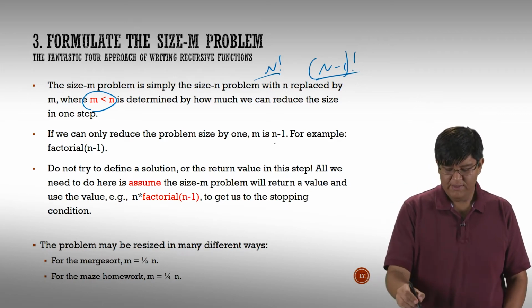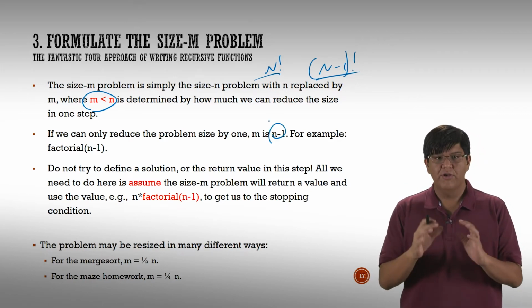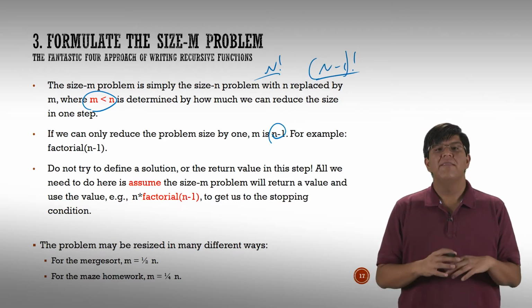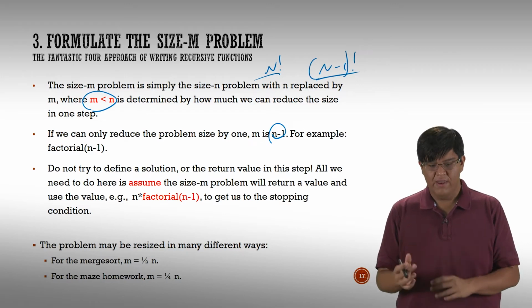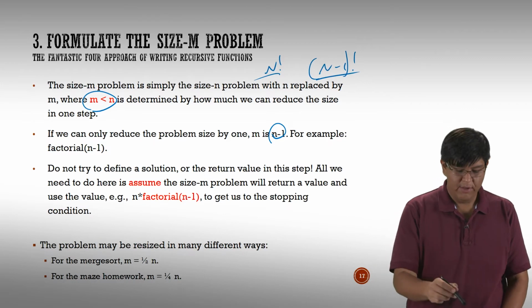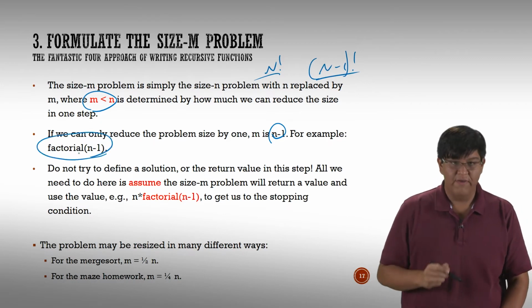So this is our subproblem. Now what we want to do is phrase the subproblem in terms of that method I first talked about in part 1. I said the final result would be factorial of n. In terms of that, the way we'd solve the subproblem is to make a call to factorial of n minus 1.